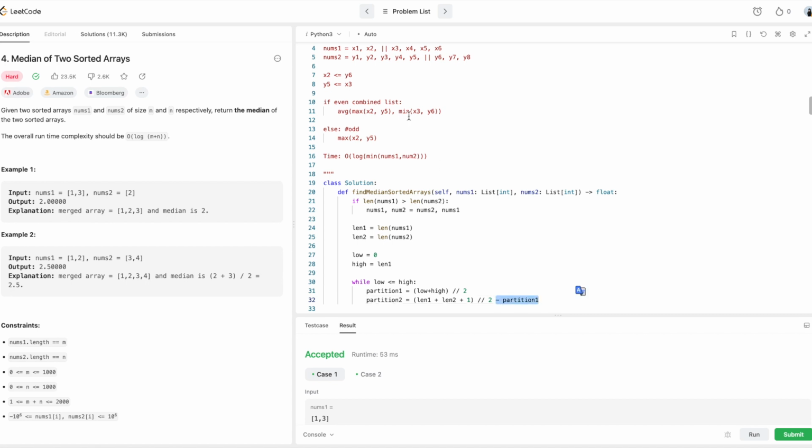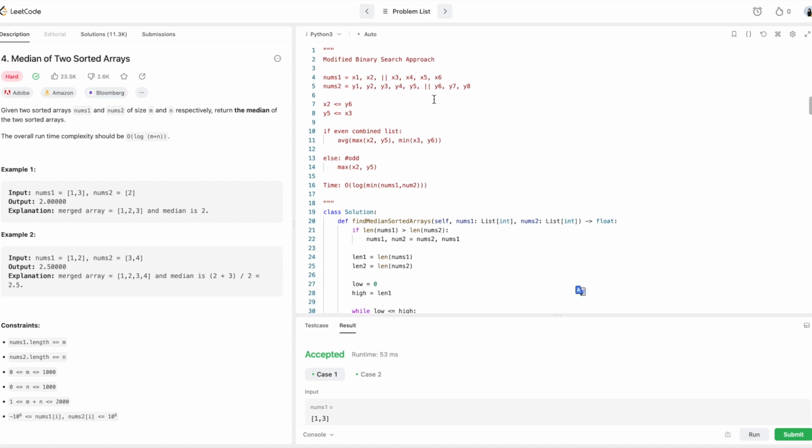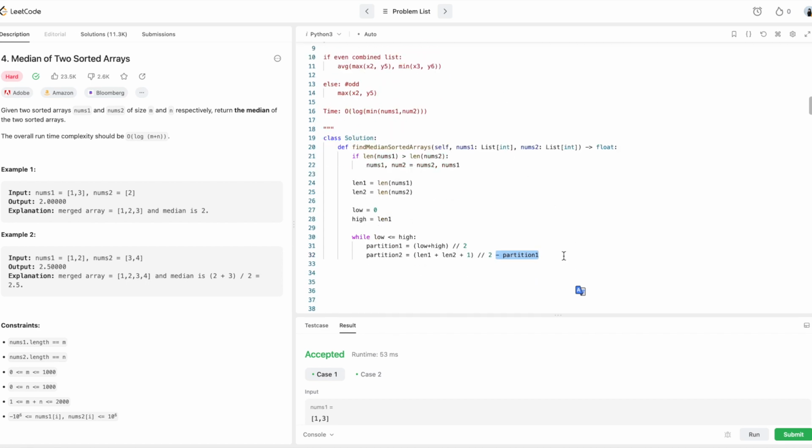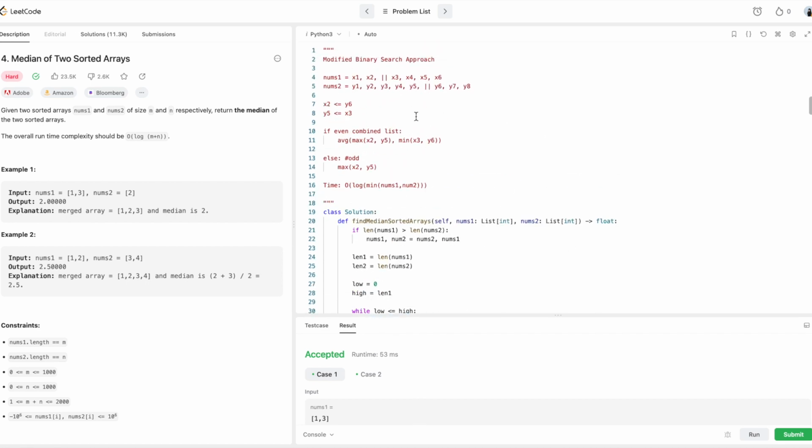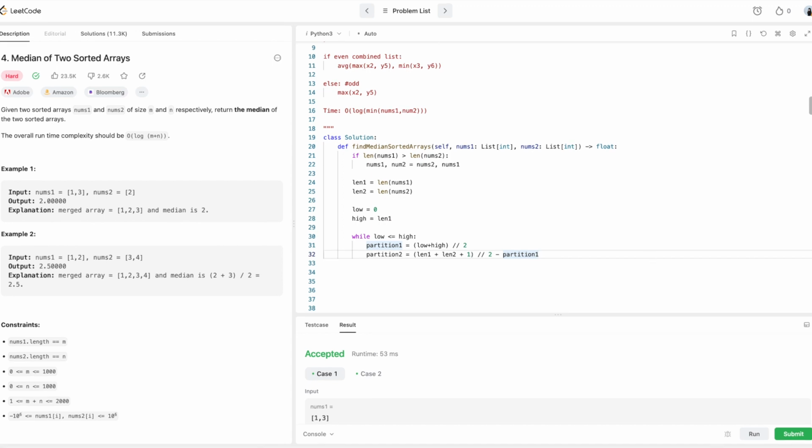We minus this so that the left side combination is always equal to each other. So we're going to write some edge cases to check.